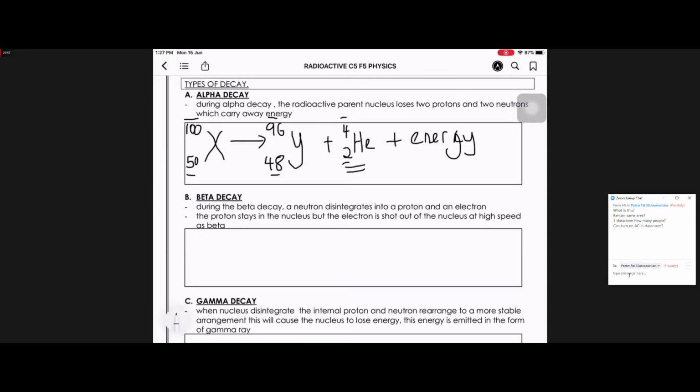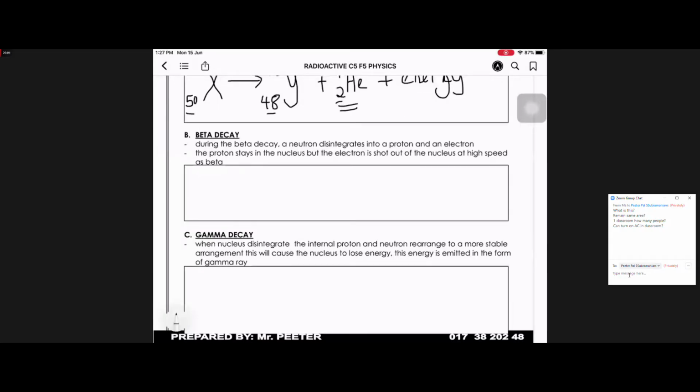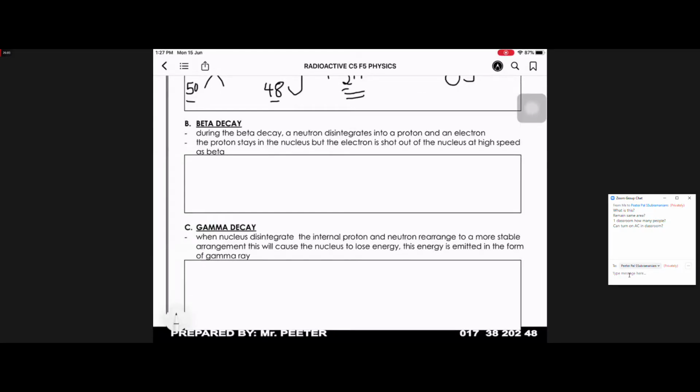And a beta decay. If I have a beta decay, let's say the original element has a nucleon number of 40 and a proton number of 18. See carefully.